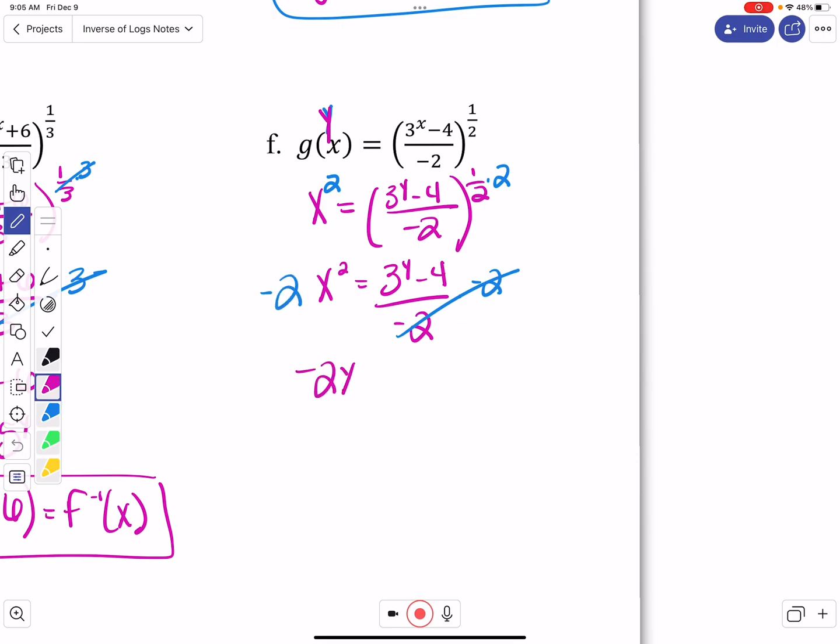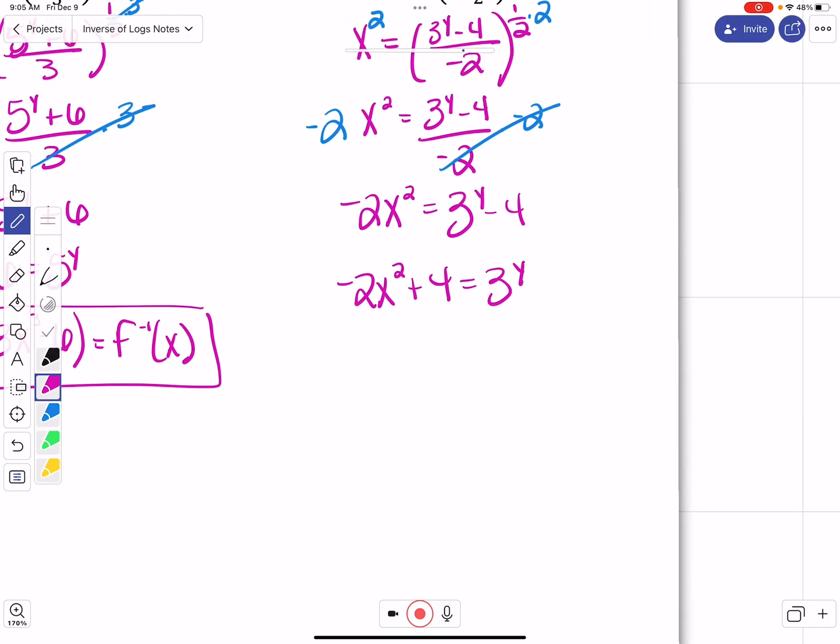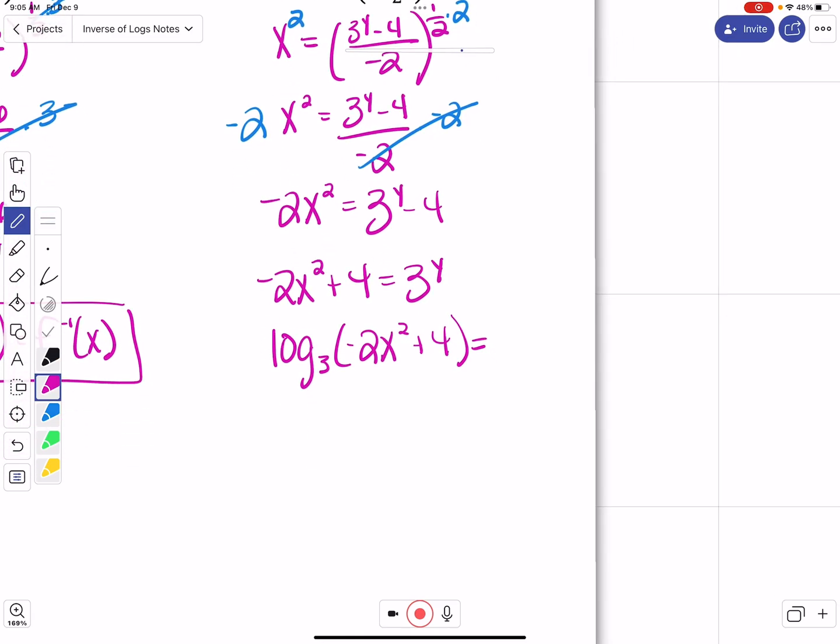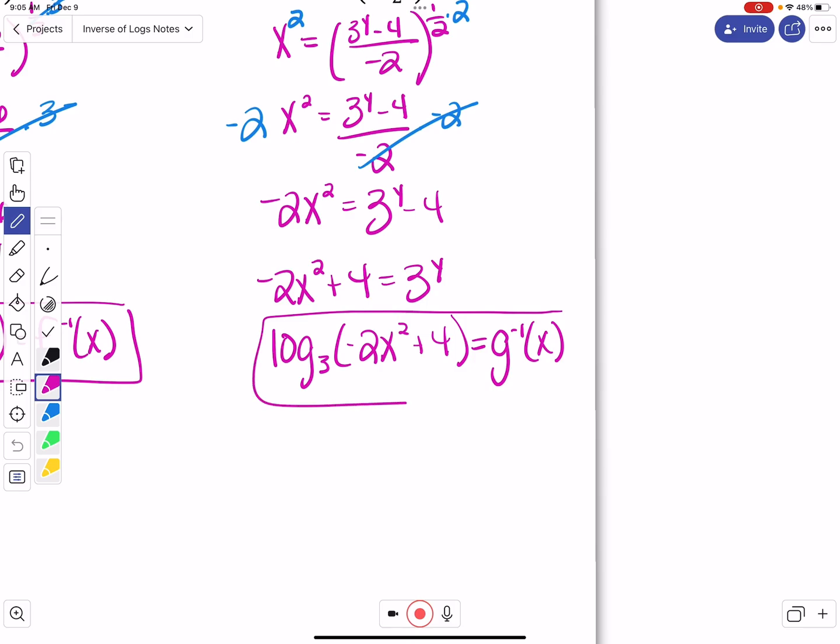So I have -2x squared equals 3 to the power of y minus 4. This is done very similar to the last problem we just did. I'll add 4, and now I can convert to the log. Log base 3, negative 2x squared plus 4 equals y. And I started out with g of x, so I'll write inverse of g of x.